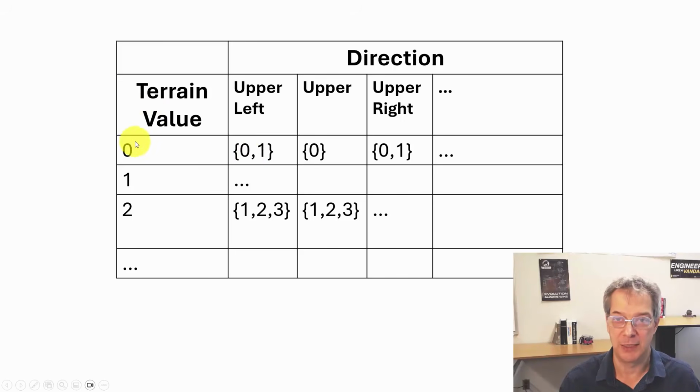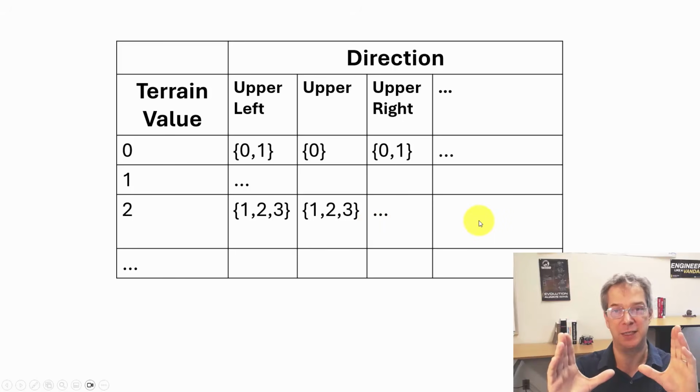So this is telling me that for terrain value 0, I'm thinking of it as deep water, the upper left of that can either be deep water or shallow water. And for terrain type 0, again, deep water, directly above it, we could, for example, only have deep water. Then, as we saw before, for grassland, to the upper left, we could have any of 3 different types, and directly above it, any of 3 different types, and so forth.